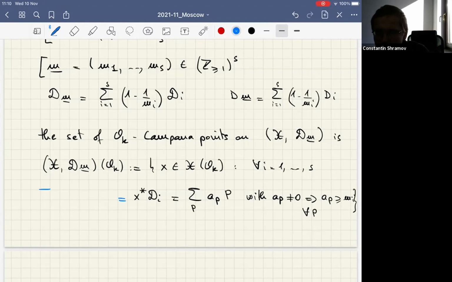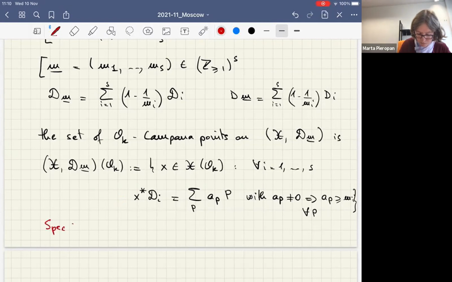So what are you doing here? So you're taking a point on a toric variety, and then you take a pullback. I'm taking a point. Something like this.